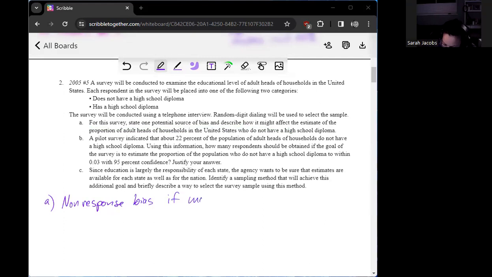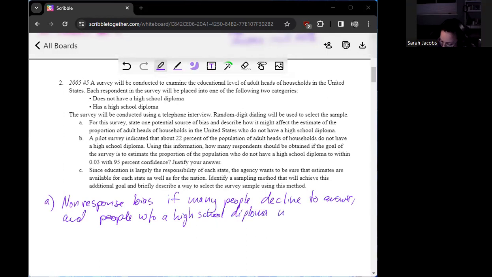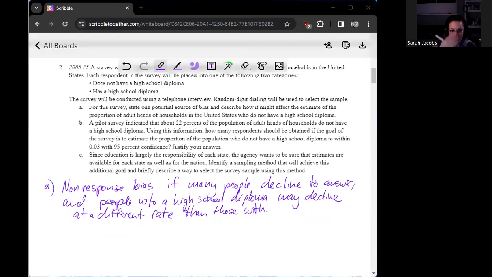Bias if many people decline to answer, and people without a high school diploma may decline at a different rate than those with. Okay, so lots of potential issues.